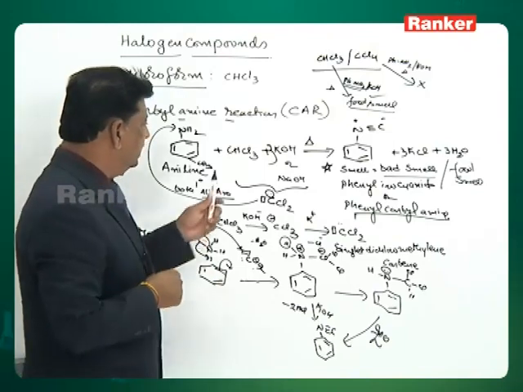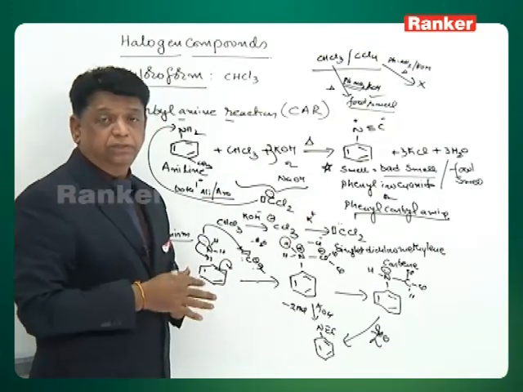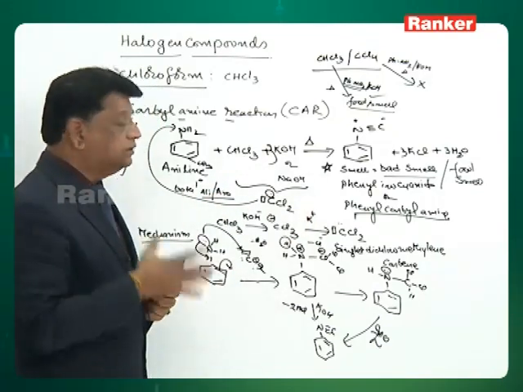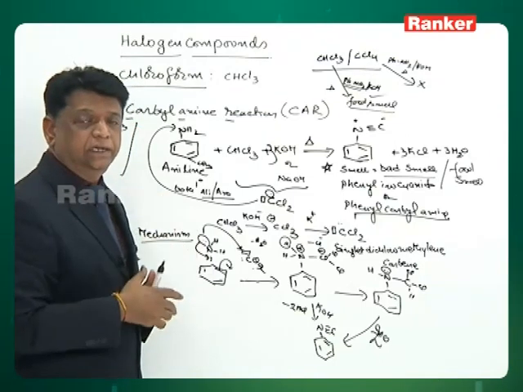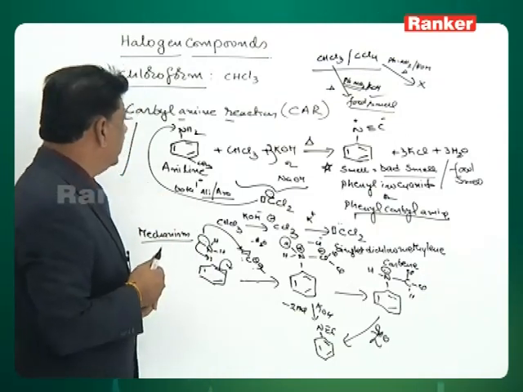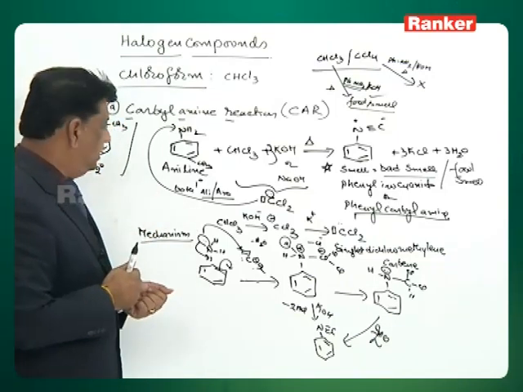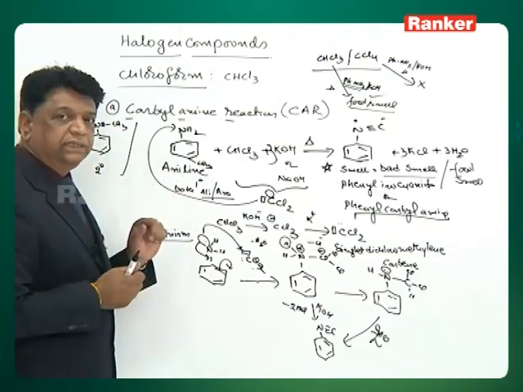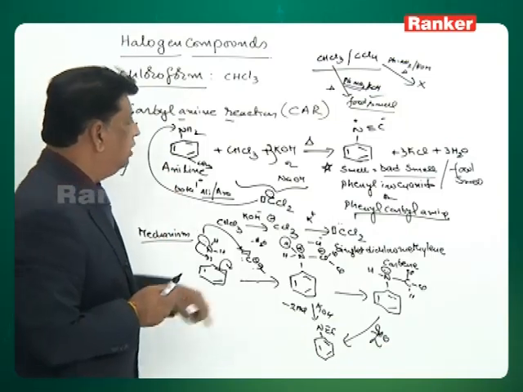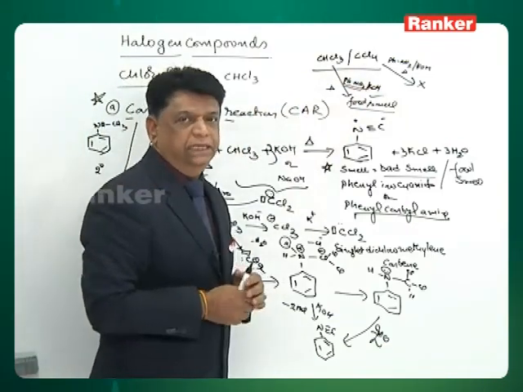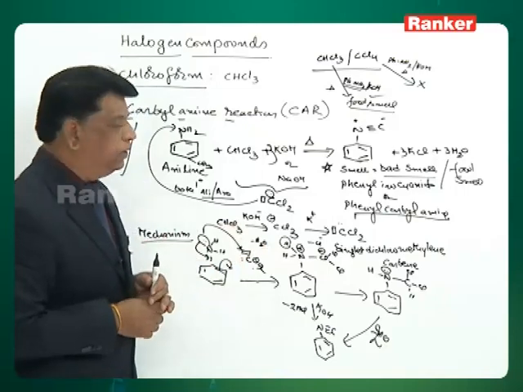That can be tested by the smell. So the smell is so peculiar and works in very dilute conditions, ppm. Therefore the carbylamine reaction has become very popular in differentiating 1 degree amines versus secondary or tertiary, or chloroform versus CCl4. In both cases you can use this test.